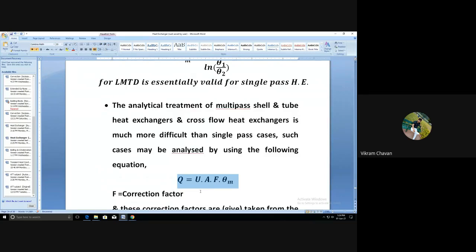This correction factor will correct the equation, or we can say that whatever error occurs between single pass and multiple pass will be accounted for by this correction factor, and the result will be more accurate if you are using the correction factor for multiple passes.